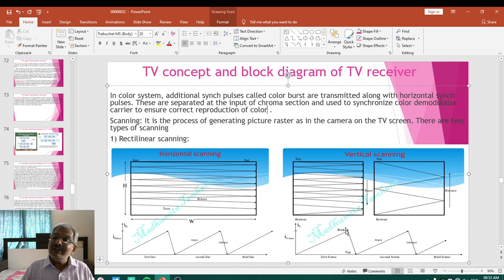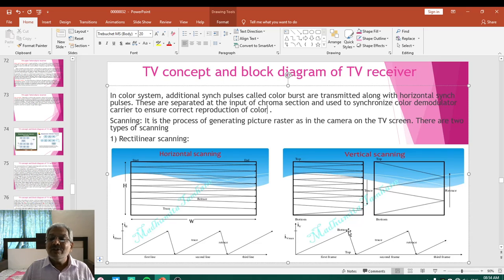After that, the current starts decreasing. It is called the vertical retrace period. Means first the horizontal trace period and vertical trace period begin simultaneously. After completion of 625 horizontal lines, one vertical trace period is completed, where we can say one vertical scan is completed.